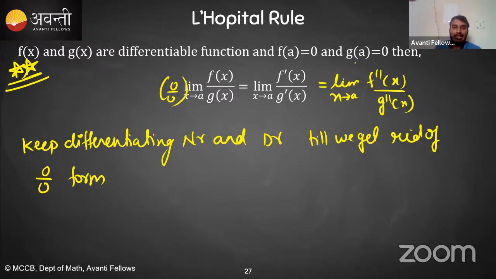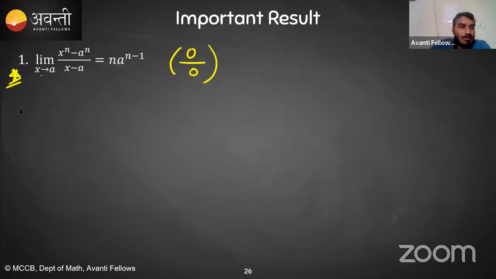Now I'll tell you the application of it. Everybody please focus here. Now this is 0 by 0 form, right? x raised to the power n minus a raised to the power n is like a polynomial function, which is always differentiable. x minus a is again linear, differentiable, right?